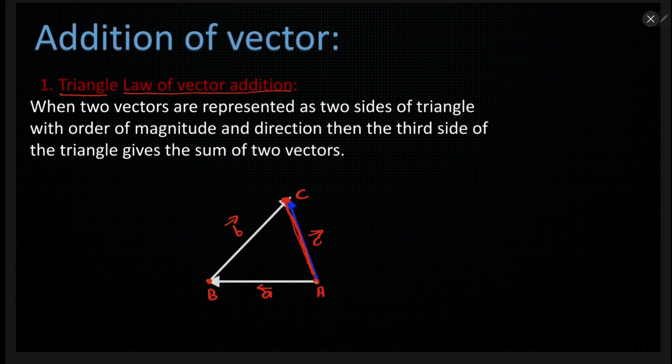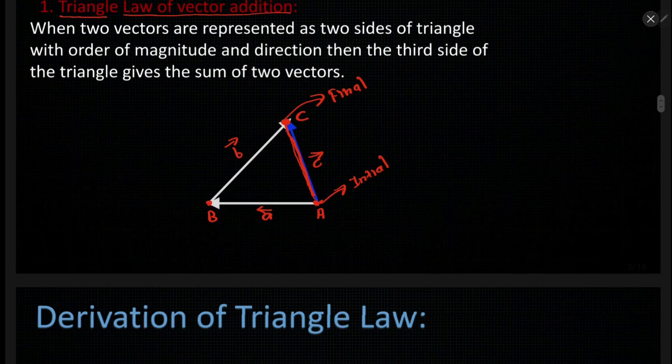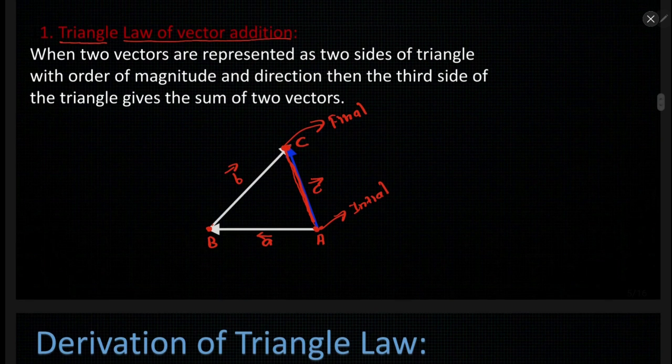So finally I am reaching point C. I started from A, this is my initial point, and this is my final point. So I can reach there in two ways. First is from A to B and then B to C, and the second is directly A to C. So this is the triangle law of vector addition.